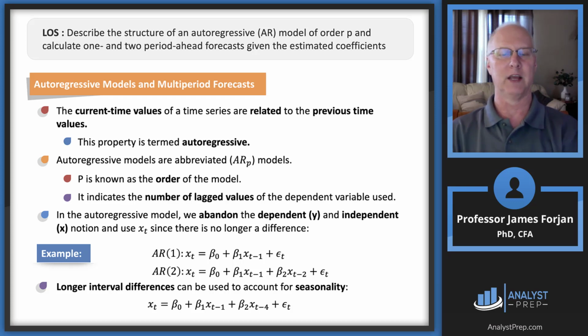I like to give sports analogies, so suppose we're big LeBron James and NBA fans, and we want to come up with a model to predict and evaluate the relationship between the number of foul shots that he makes in the game today versus the number of foul shots he made in the game yesterday.